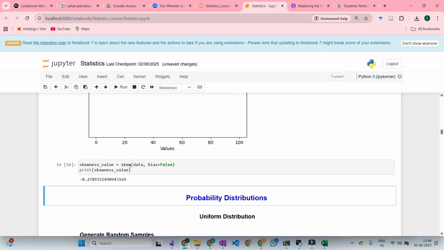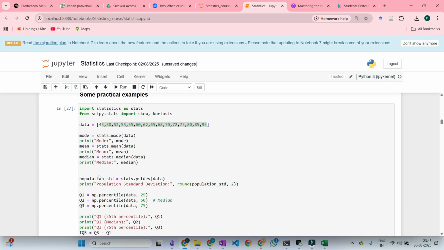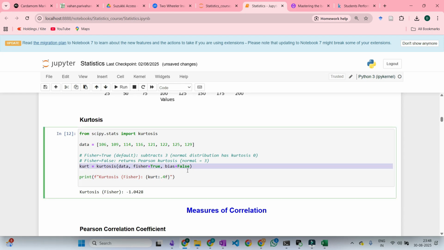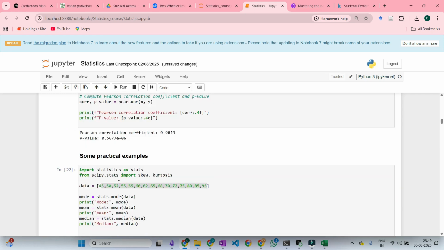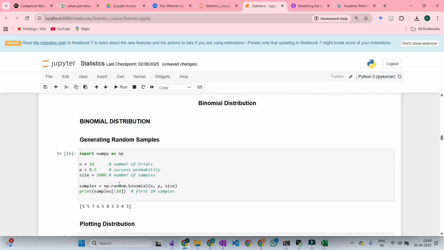Right. Similarly, let us find the kurtosis value also. Let us look at the example. For kurtosis, this is the formula. Let us paste it here.